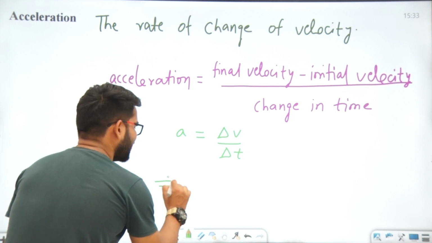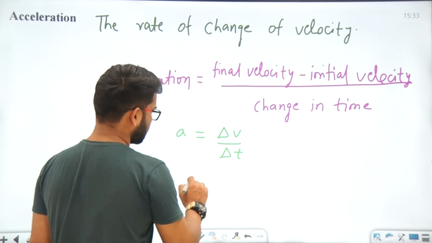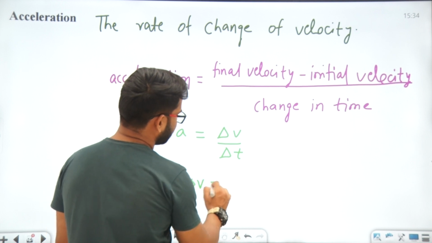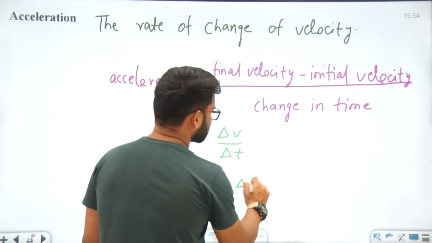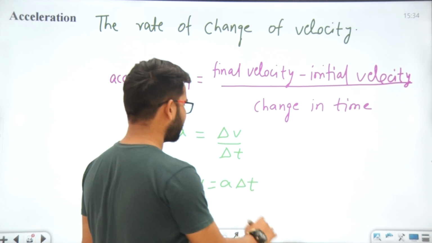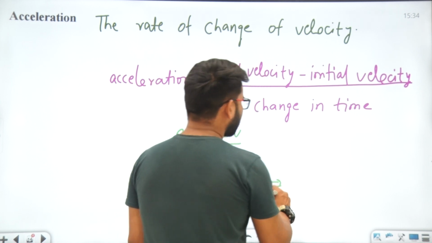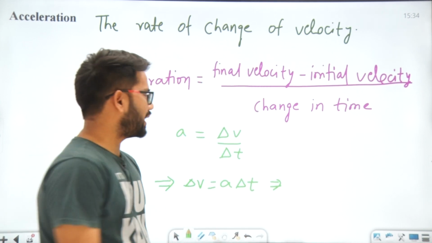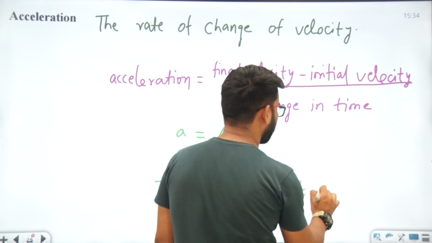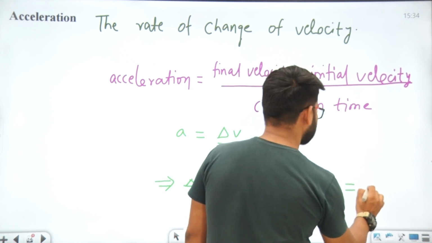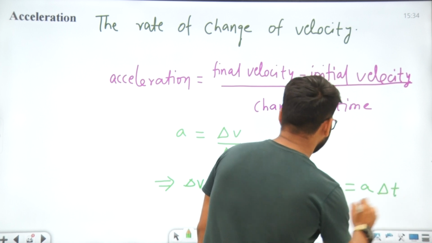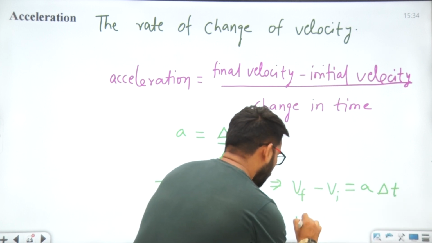If we readjust it, we will get delta v as a delta t, right? We can write delta v as Vf minus Vi equals a delta t. So see the magic.